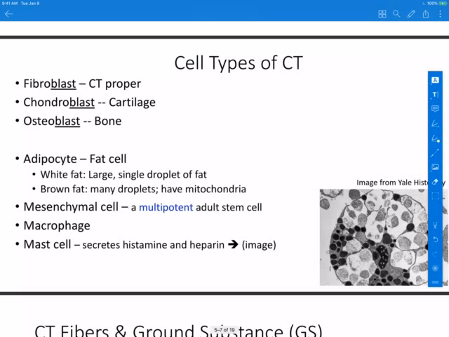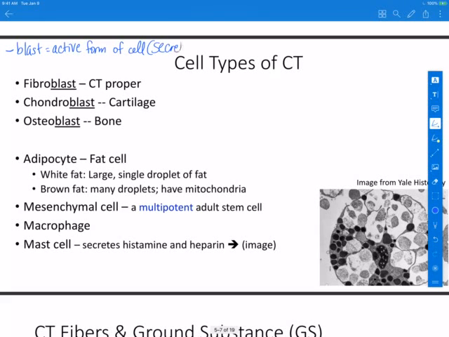Okay. I just want to remind you that a cell that ends in the suffix blast is the active form of a cell, meaning that it can secrete the ground substance components of connective tissue.